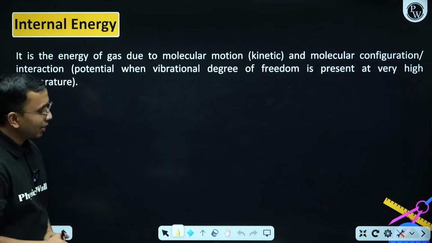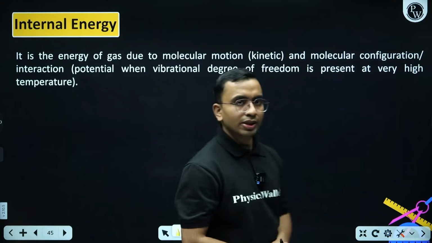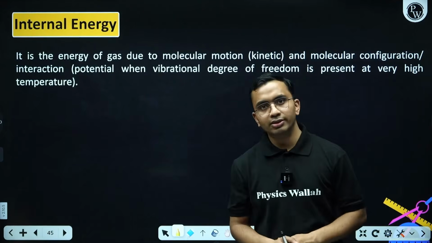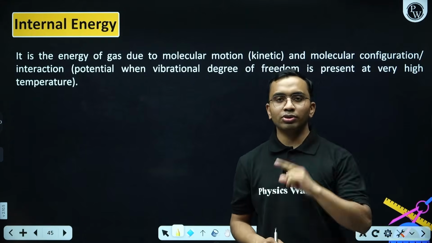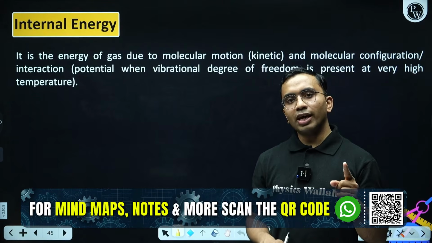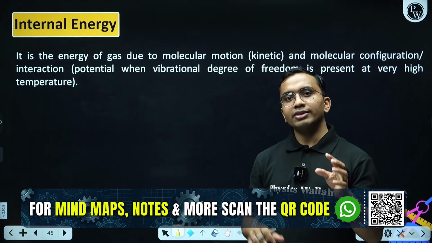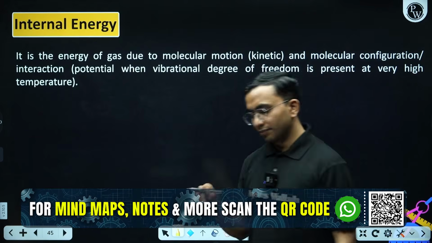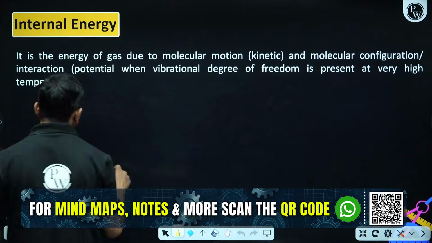Okay, let us talk about the internal energy. Internal energy we already discussed, that internal energy only constitutes the kinetic energy of the gas for an ideal gas, and kinetic energy of the gas is given as f by 2 into RT for 1 mole.